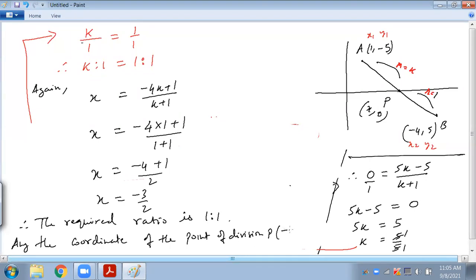So the coordinate of the point of division P will be (-3/2, 0).